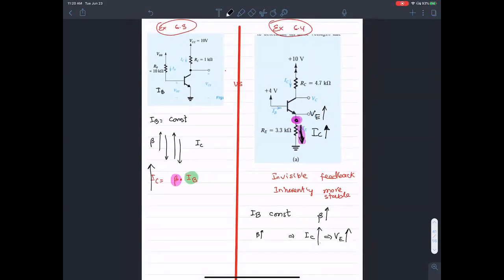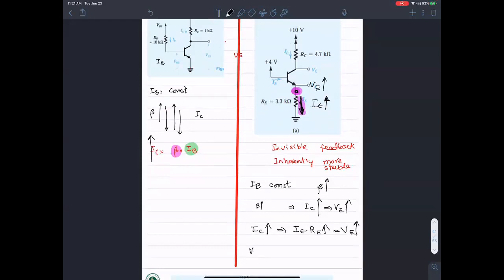Yes or no? Because IE times RE increases, right? So as IC increases, VE increases.